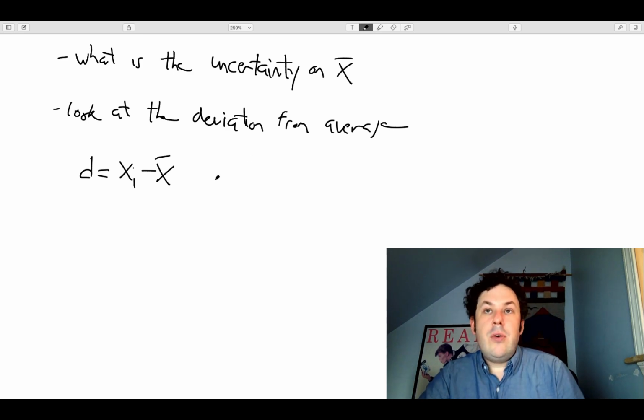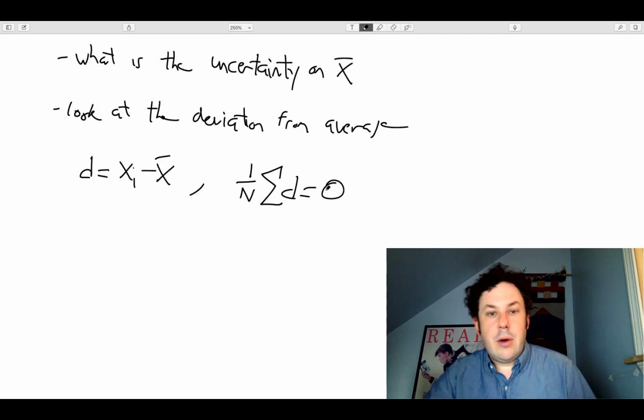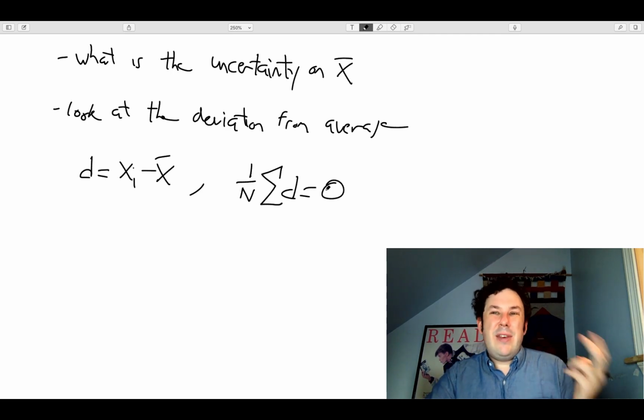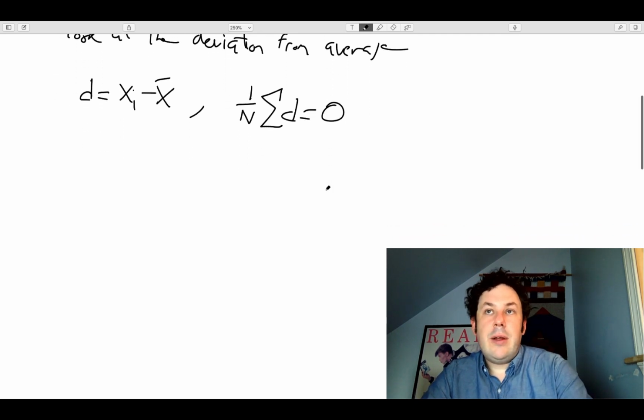So if you take the average, so we'll divide by the total number, so this is kind of the average deviation value, you should find that the average deviation is 0. So that means the deviation isn't really a useful quantity to use to measure some kind of statistical uncertainty.